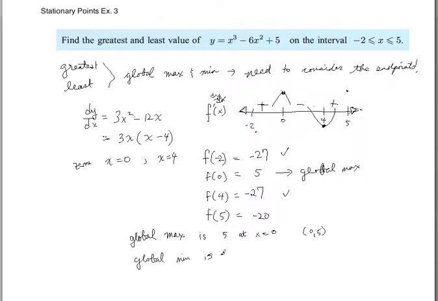The minimum value of y is going to be negative 27 at x equals negative 2 and x equals 4. So you'd have (negative 2, negative 27) and (4, negative 27). So these two are my minimum values. And notice that it's because of this interval that we've chosen these two points. All right.